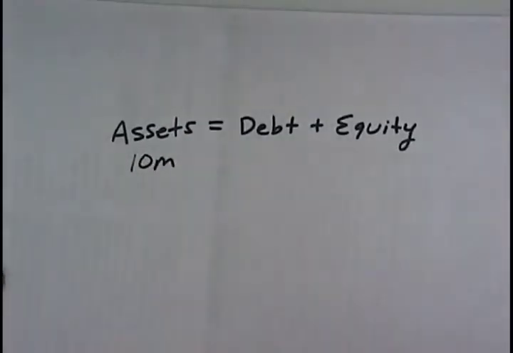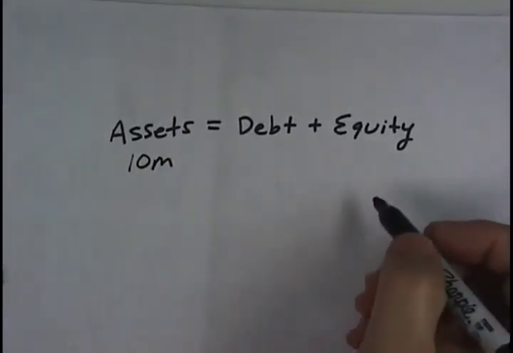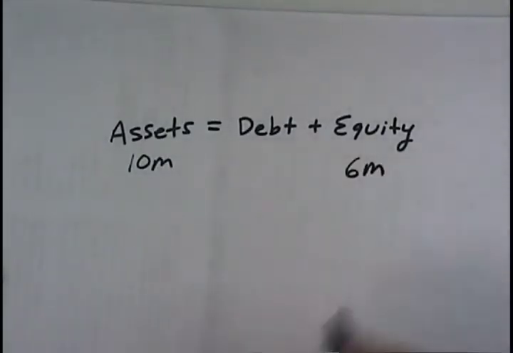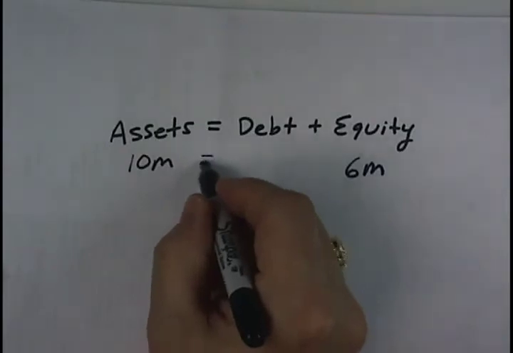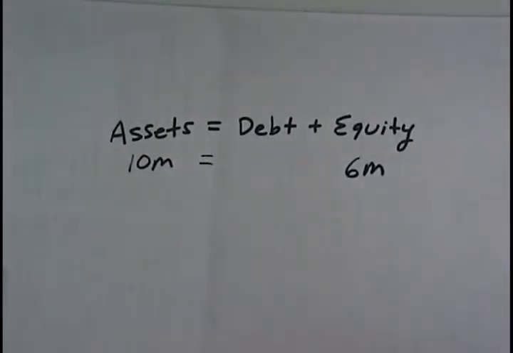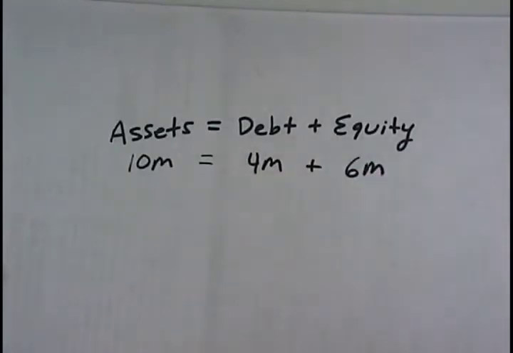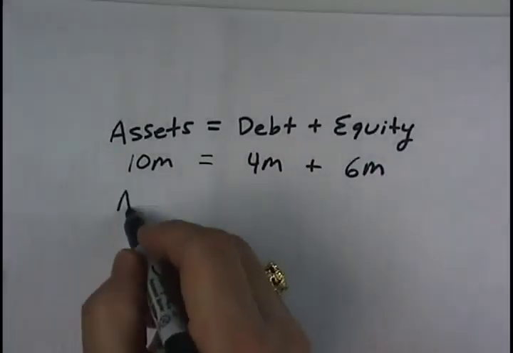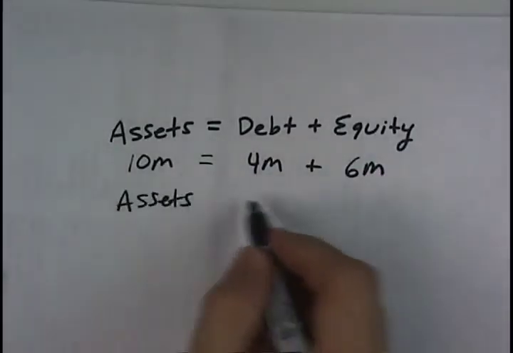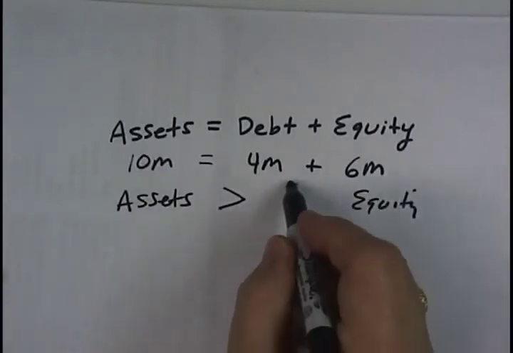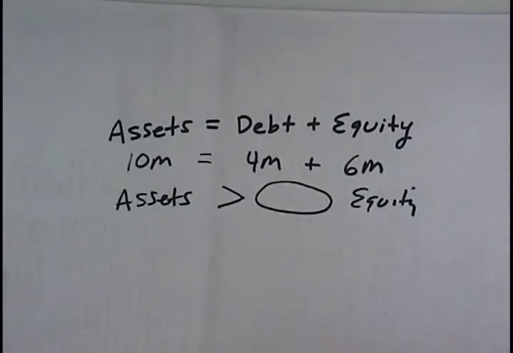If a firm has $10 million in assets and we see that it has $6 million in equity, then for the balance sheet equation to balance, the firm must have $4 million in debt. So we know that whenever the assets are greater than the equity, then the debt would have to explain the difference.